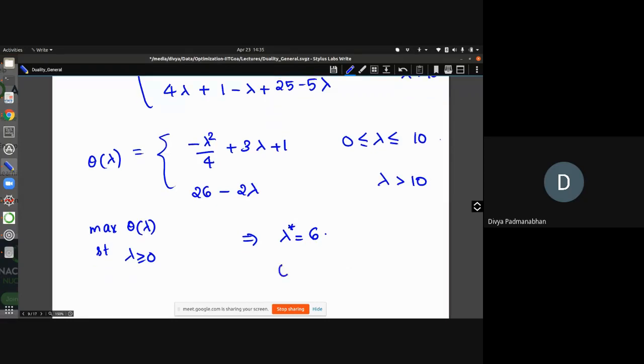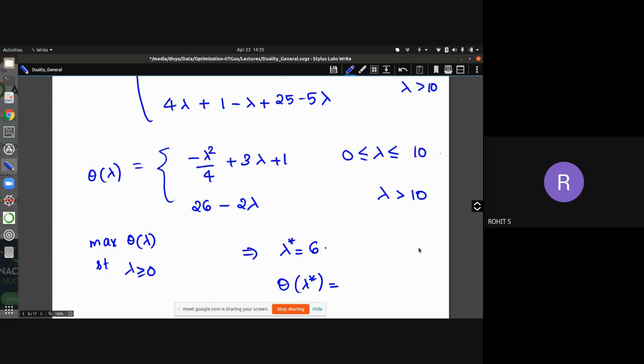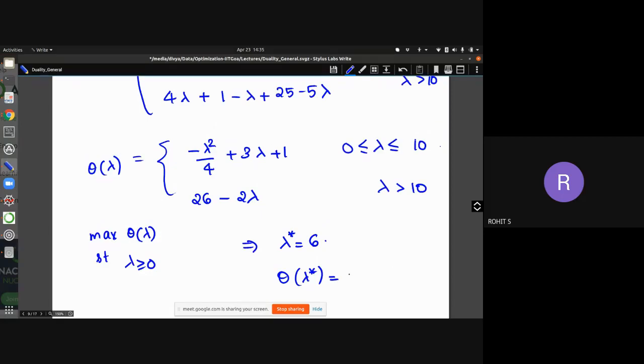And the value of theta of lambda star, the optimum objective here, is minus 9 plus 18 plus 1. That's minus 10. Oh, no, plus 10. So this is the dual, and this is the dual solution.